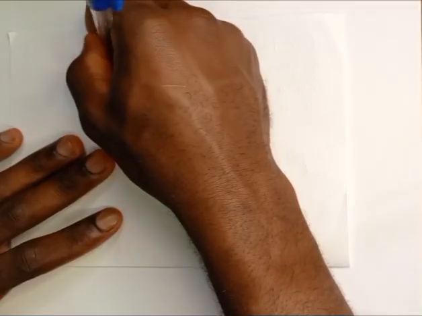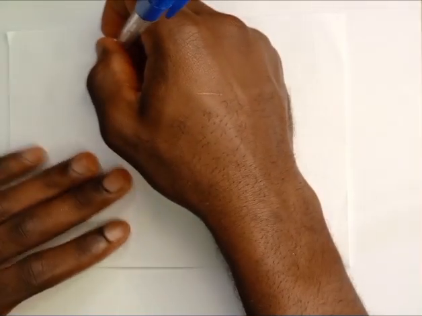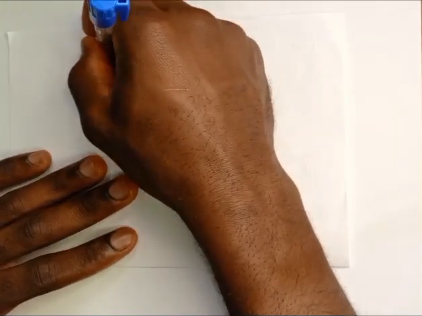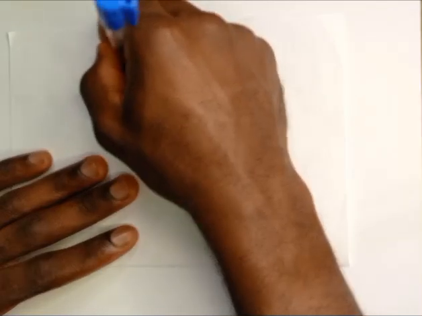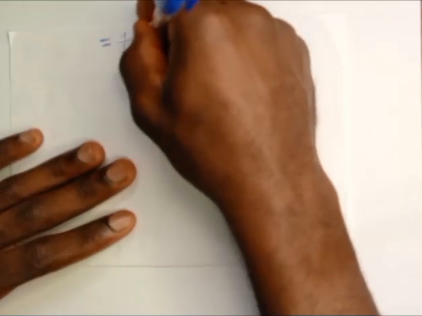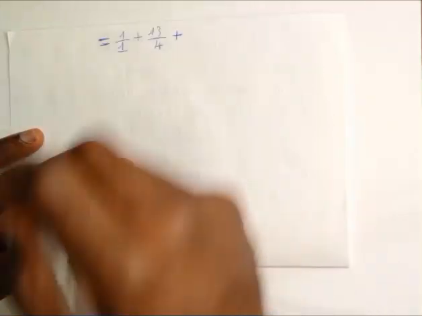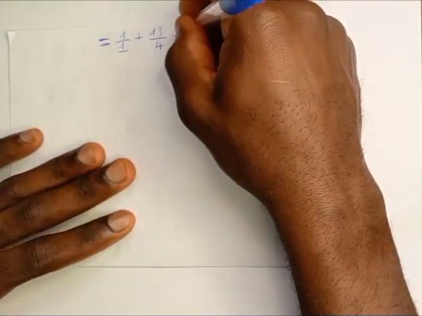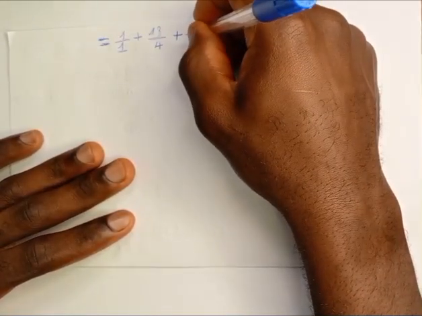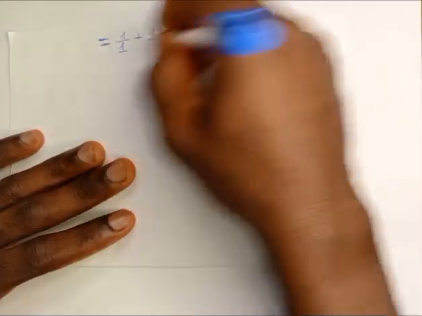This will simply be equal to 1, which can be written as 1 over 1 plus 13 over 4 plus a half squared, which is 1/4 minus k.